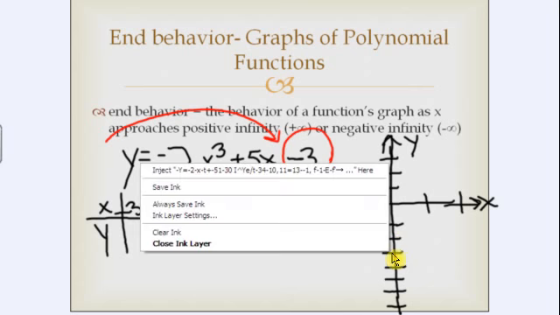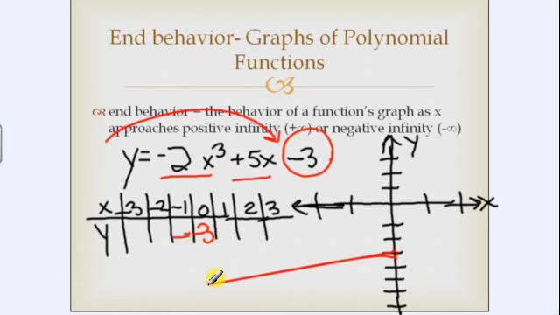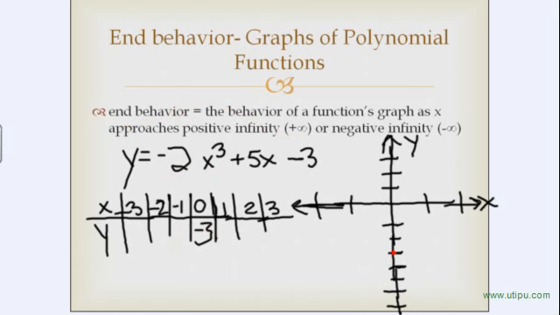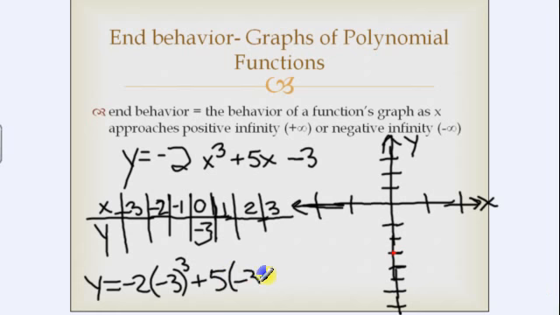Now I want some more values on my graph. So let's plug in other values for x, see what we get for y. If I go down to negative 3, it'd be negative 2 times negative 3 cubed plus 5 times negative 3 minus 3.